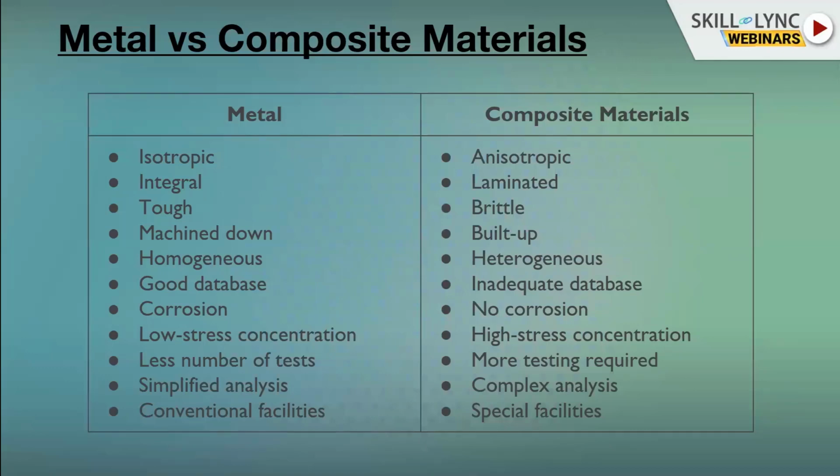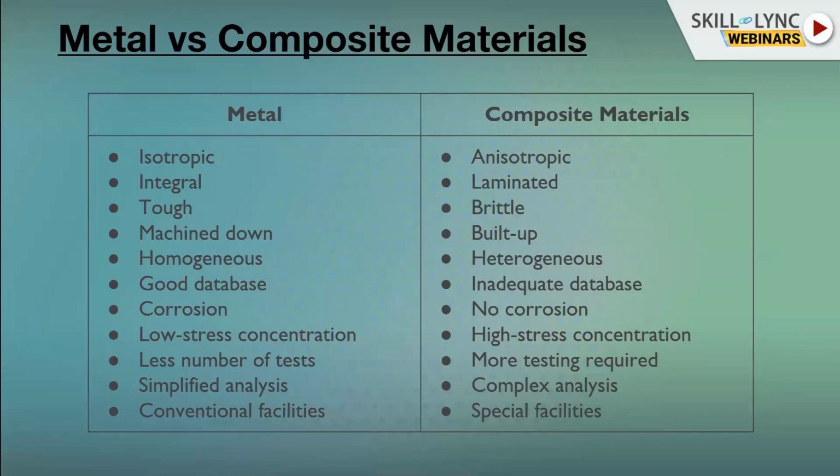On the metals, we need a smaller number of tests, whereas on composites, since we are dealing with new materials and this is a process-sensitive material, we have to do more tests and more analysis to understand how the material behaves compared to the metals.